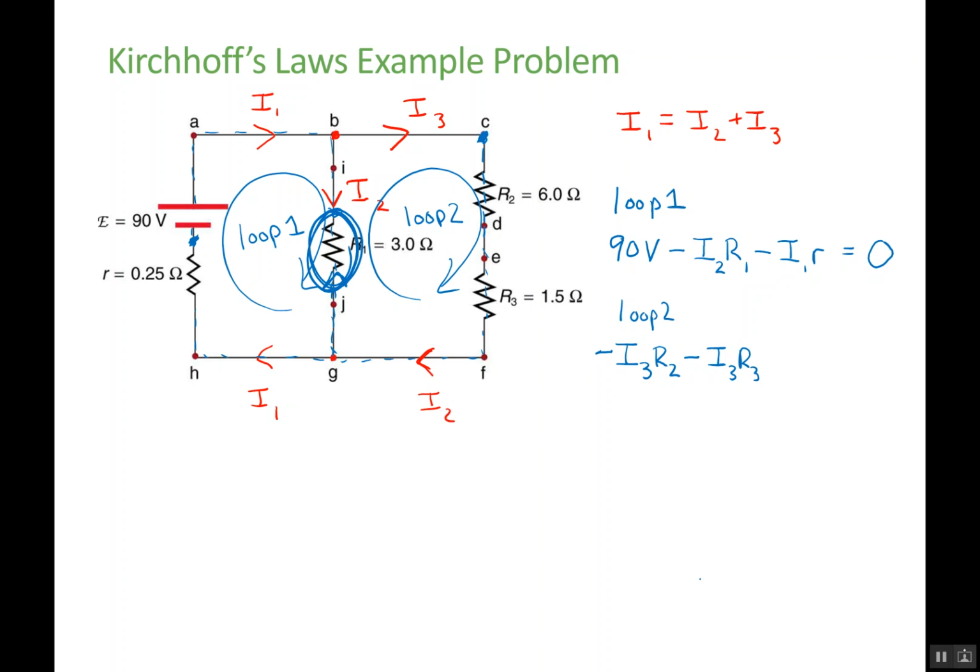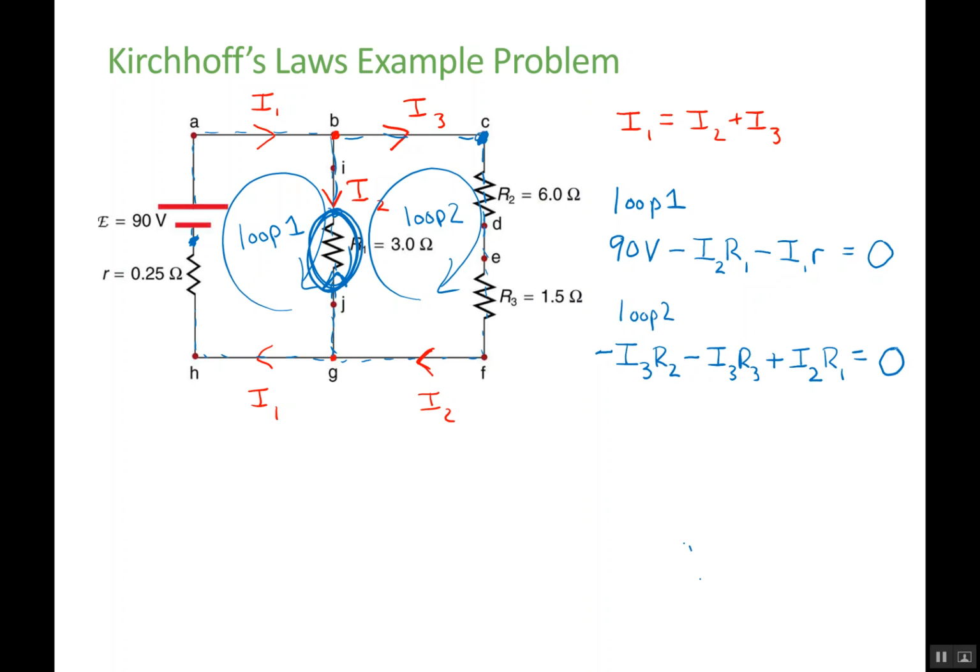The voltage change crossing R1 going against the current is positive, and according to Ohm's law it's equal to the current flowing through that resistor times its resistance. I keep going, and then I'm back to where I started at point C. The loop law says the sum of those voltage changes equals 0.